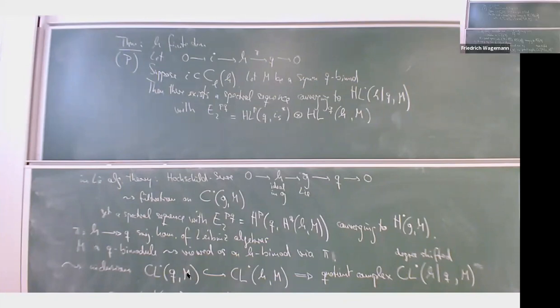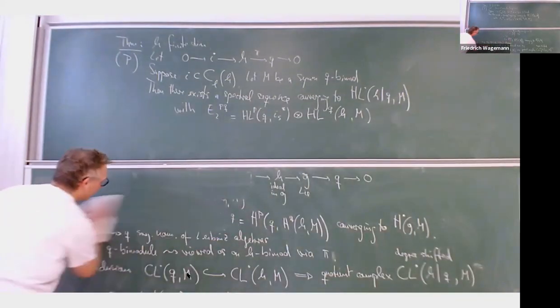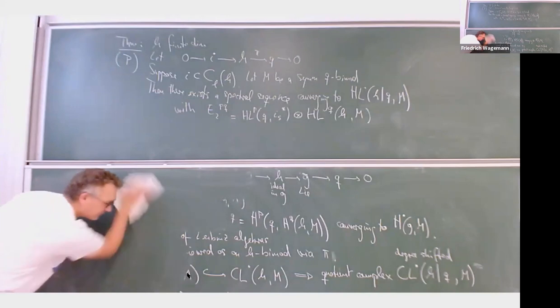Maybe I don't understand exactly what you mean. So you want, given a Lie algebra, you ask whether there exists a Leibniz algebra such that what?